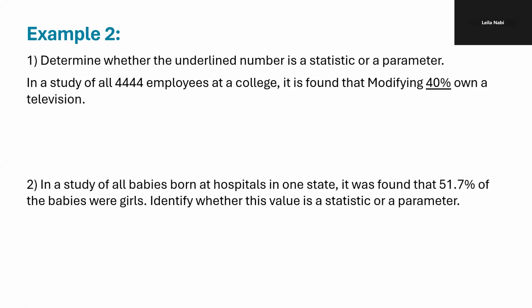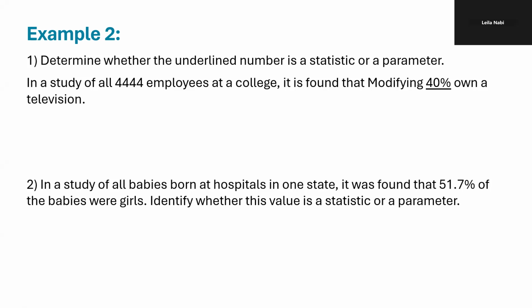In the second example, it says in a study of all babies born at the hospital in one state, it was found that 51.7% of the babies were girls. Is this number a statistic or a parameter? 51.7% of the babies were girls.